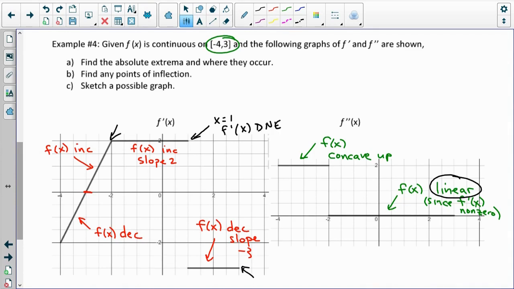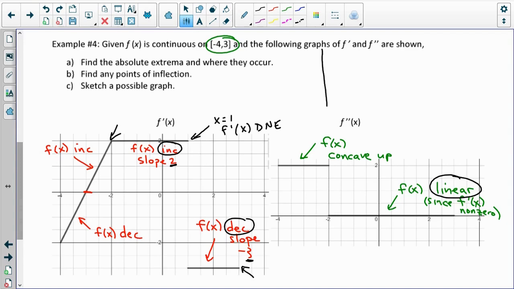But all that means is that I have a critical point. Actually, I do have a critical point, because notice my function changes from increasing to decreasing. f prime changes from positive to negative.